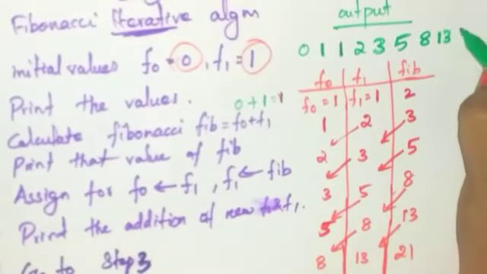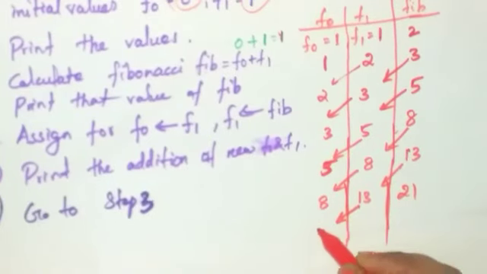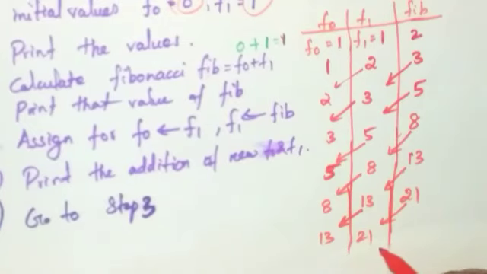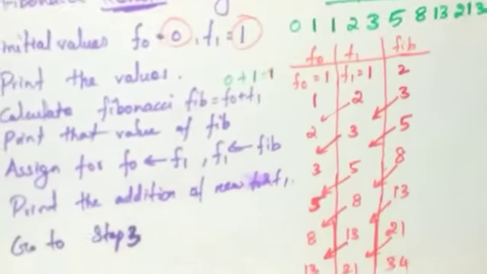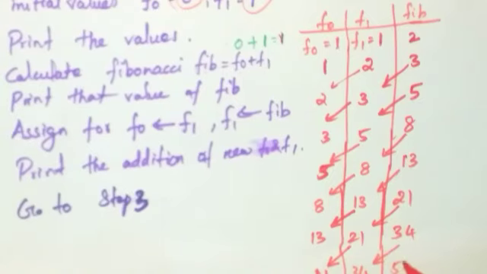So here write 21. Again go to step 3. 13 plus 21 is 34. Write here 34. Again go to step 3. Assign the F1 value to F0, 21, and this value is here, 34. So add these two numbers: 55.